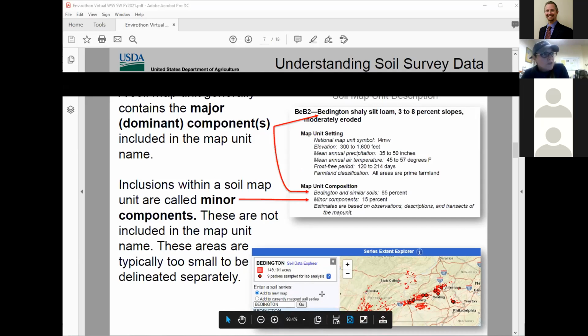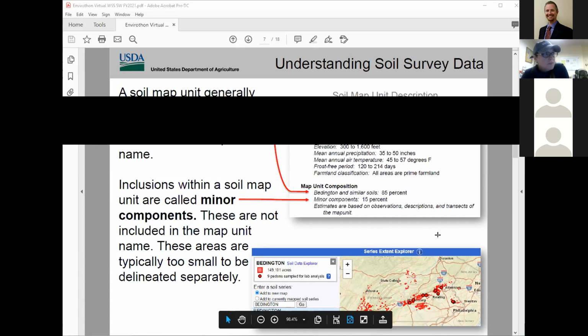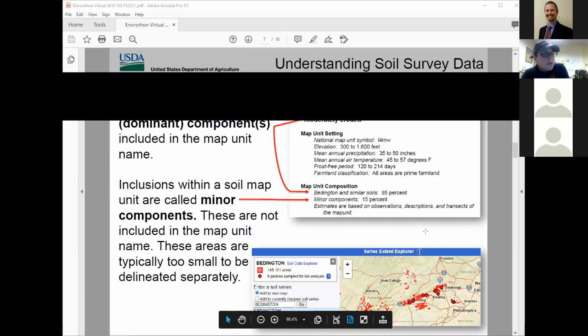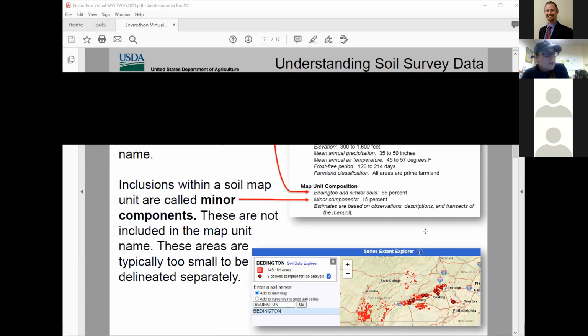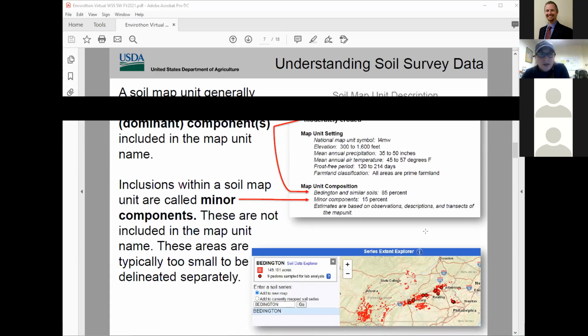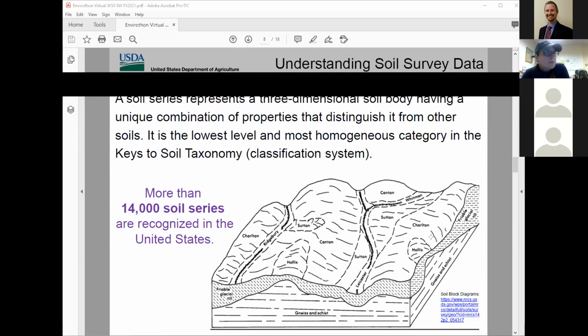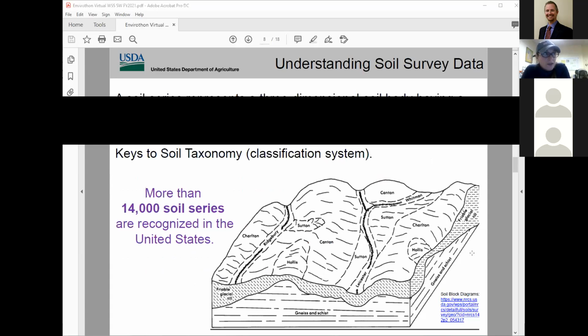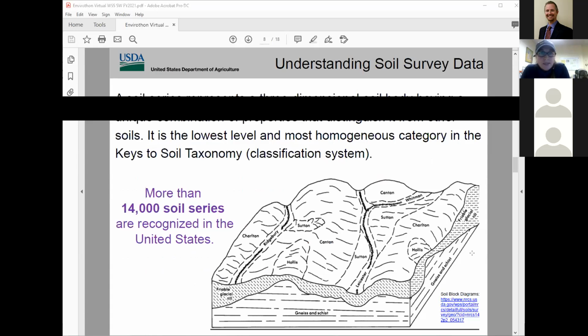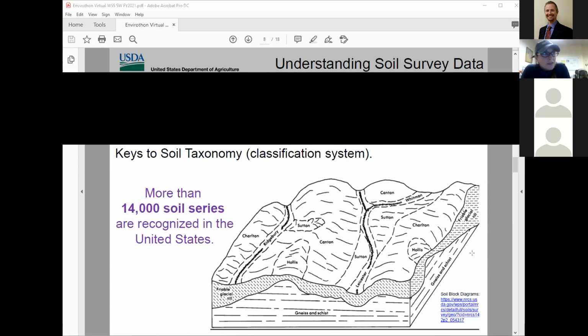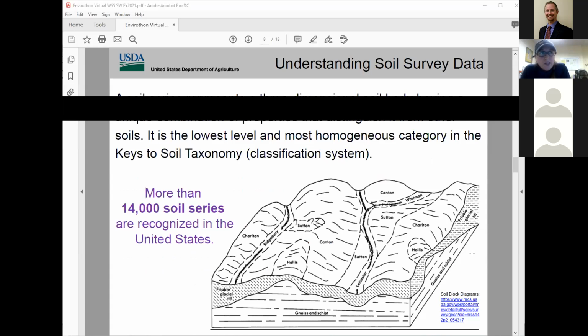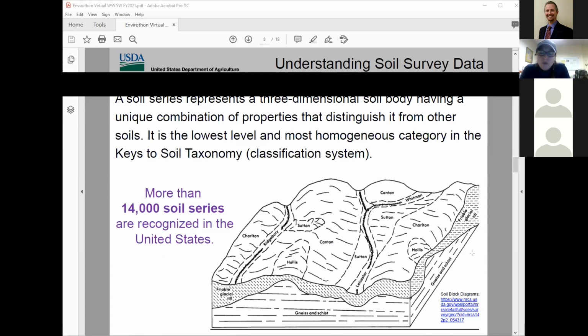It looks like most of this is throughout Pennsylvania. The red dots indicate how many pedons were sampled. We did lab sampling at those sites. That's how we gather a lot of our information: we go out there and sample these and then send them to our national lab in Lincoln, Nebraska. Then we get the information back, and we put that into a system, and that's fed through Web Soil Survey so everyone can get that information.